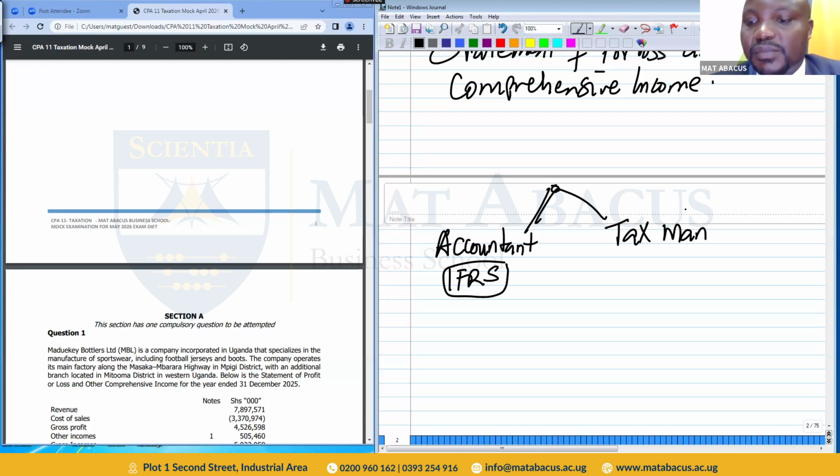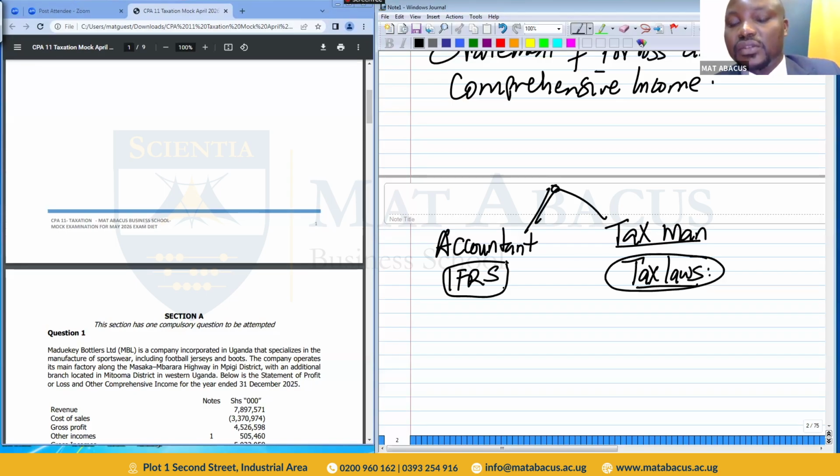The taxman expects tax to be computed in accordance with the tax laws of Uganda.